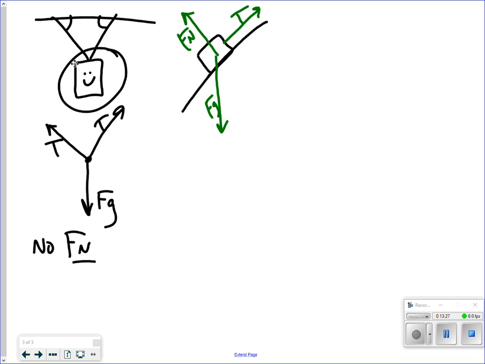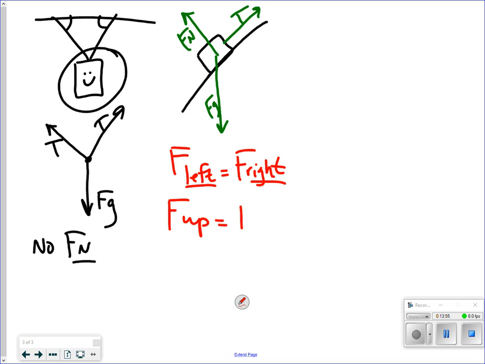The main thing I want you to keep in mind when we deal with solving some of these problems is what I like to, now, again, these are just Grady words. This is just how I like to describe it. If we are dealing with balanced forces, I like to say that all the forces pointing to the left have to equal all the forces pointing to the right, and all of the forces going up have to equal all the forces going down.